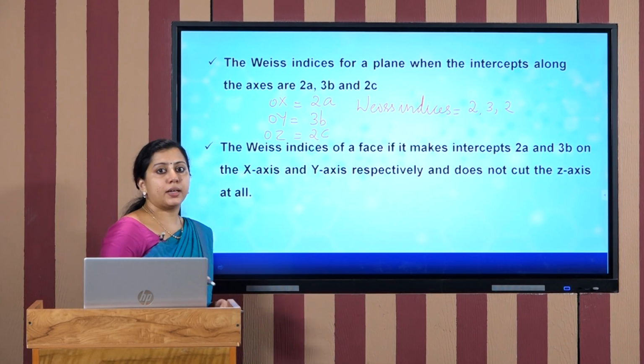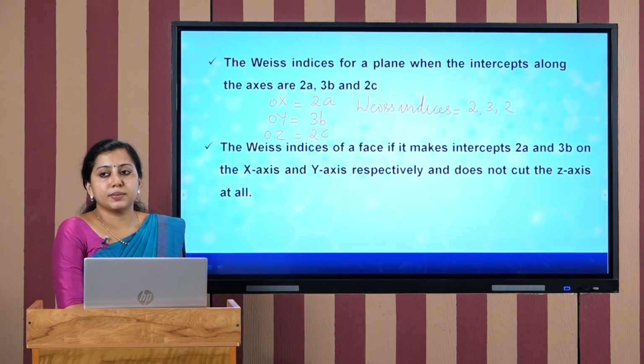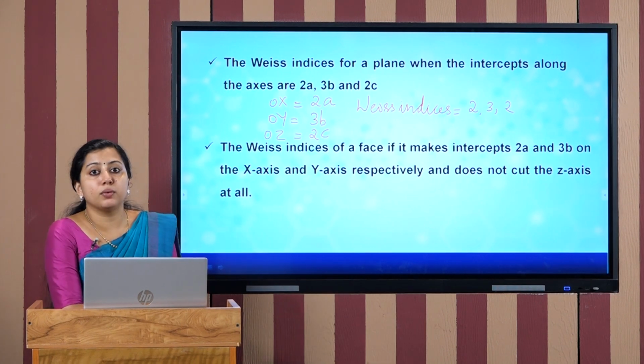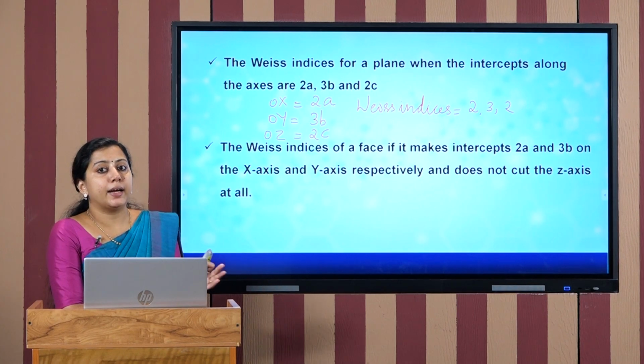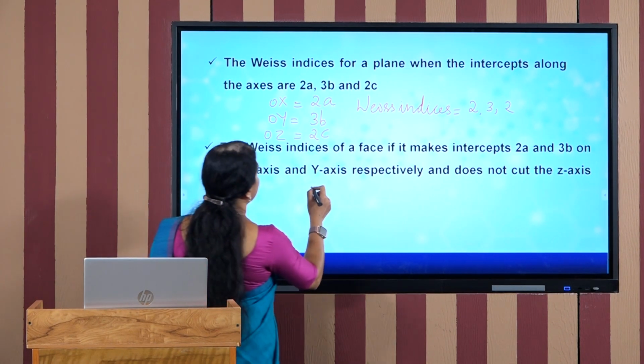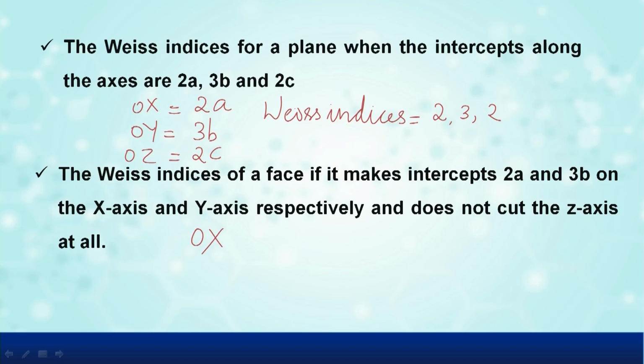Now, the second one: the Weiss indices of a face, if it makes intercepts 2a and 3b on the x-axis and y-axis respectively and does not cut the z-axis at all. Okay. So, we have OX, the intercept is 2a, OY, the intercept is 3b, and it does not cut the z-axis.